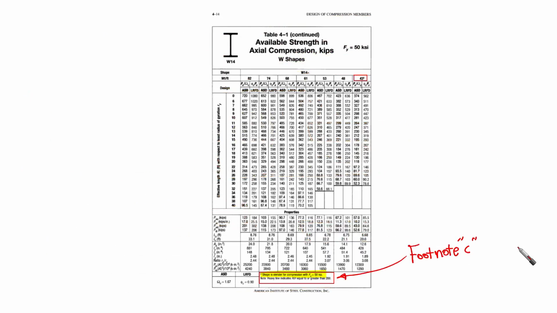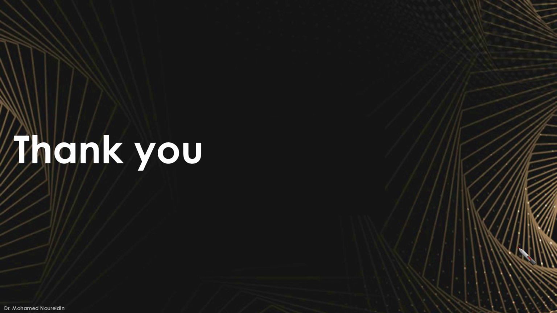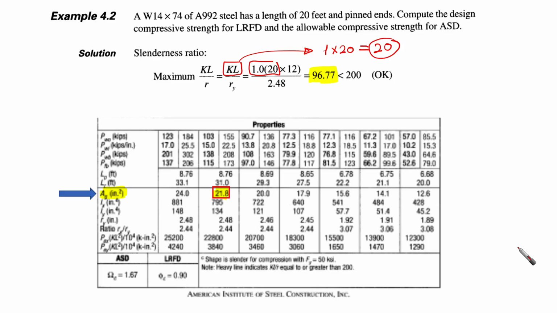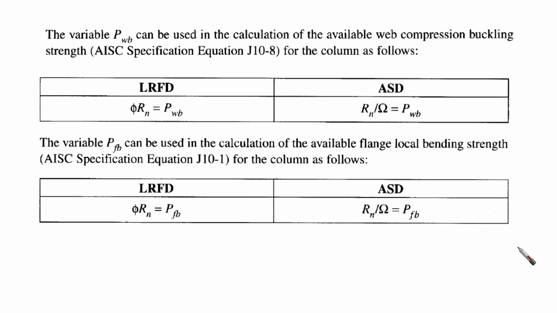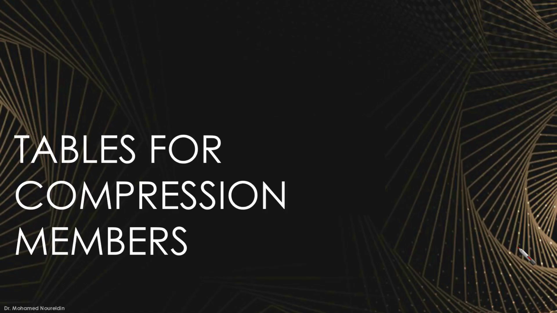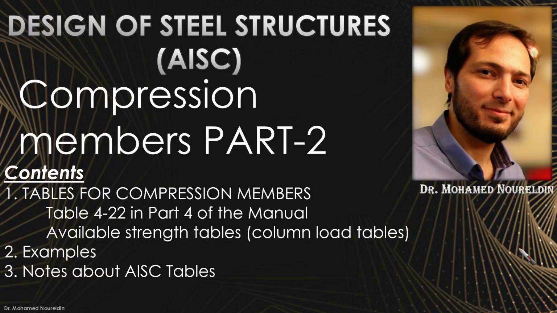This brings us to the end of this video. I hope that you have understood it very well, and that it provided you with the information needed for using the tables, and that by the end of this video you have understood the main contents that we mentioned in the beginning.